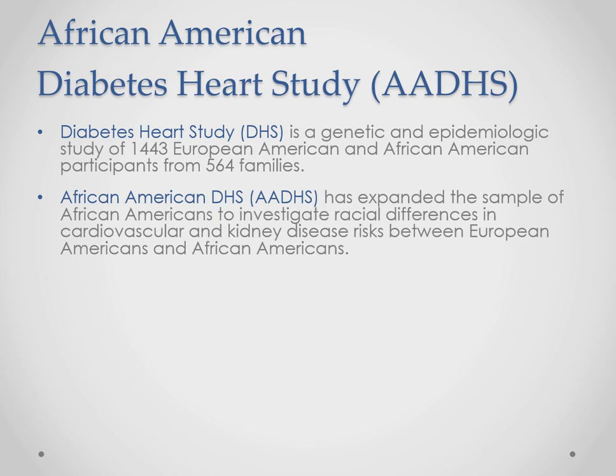So the African American Diabetes Heart Study is an expanded sample of the original Diabetes Heart Study, which studies racial differences in cardiovascular and kidney disease risks between European Americans and African Americans. And by the nature of the inclusion criteria in these studies, these people have been selected not to have kidney disease. So that was perfect for our purpose, because many cohorts that have kidney patients have actually rather advanced disease.